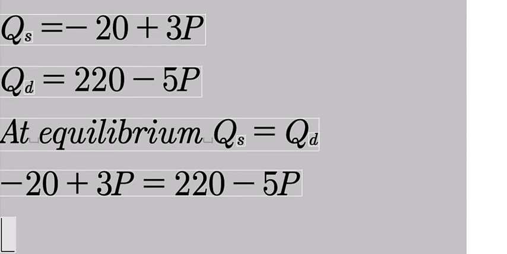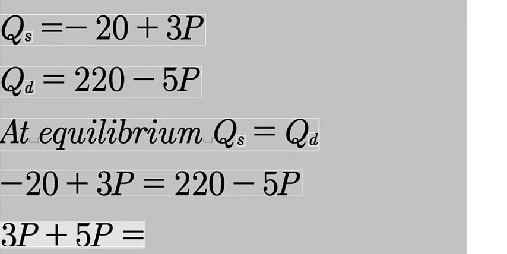Again, what do we do in mathematics when we have something like this? We see that P and P from both sides are like terms, so we have to transpose terms. Let the right-hand side variable, minus 5P, come to the left-hand side, so that we have 3P plus 5P equals 220 plus 20.